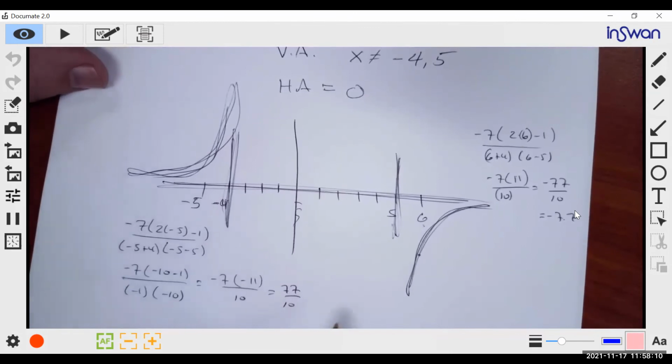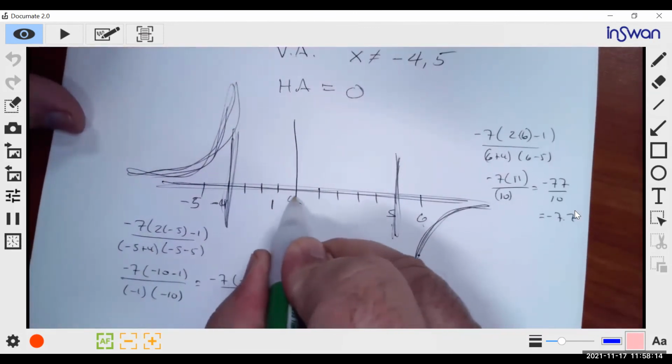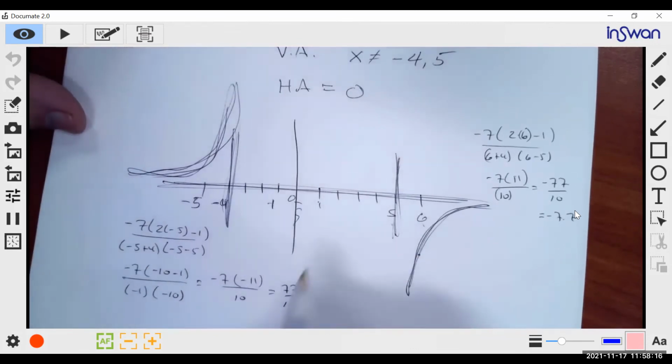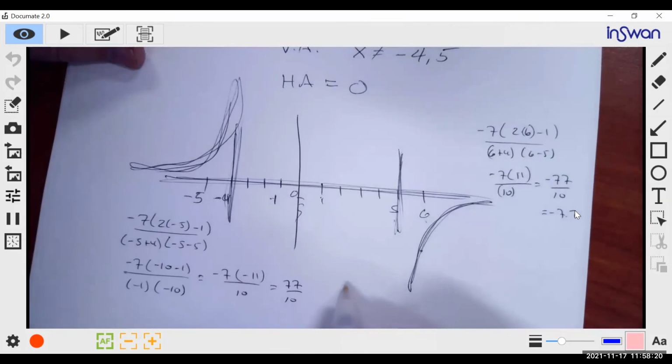Now in the middle, let's plug in some points. Let's put 1, 0, and -1 in there. See what happens. -7, 2 times -1 minus 1. -1 plus 4, -1 minus 5.